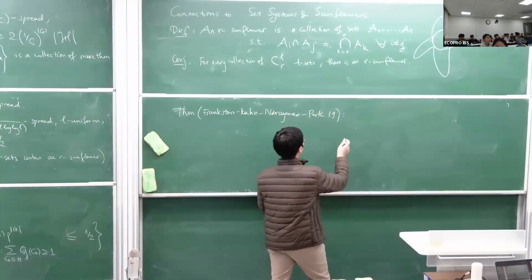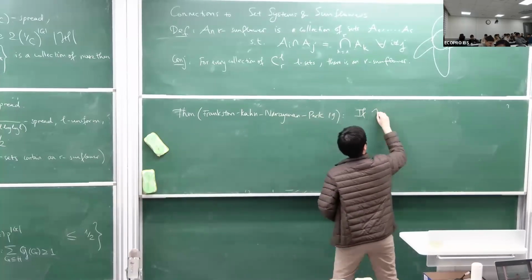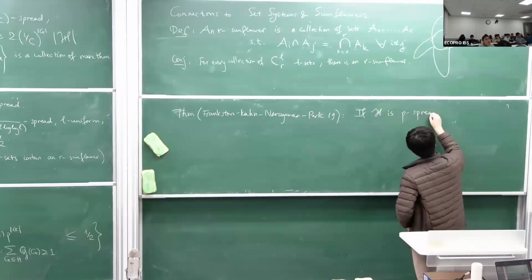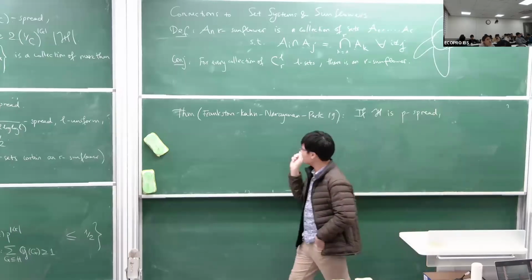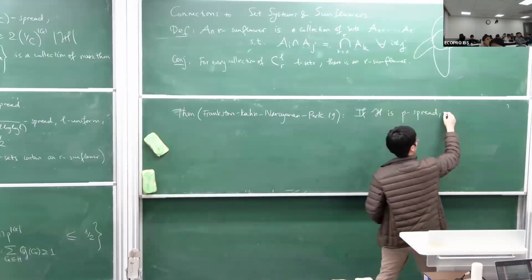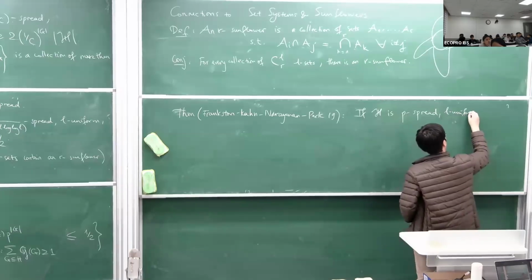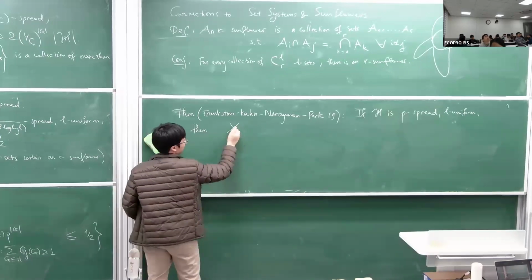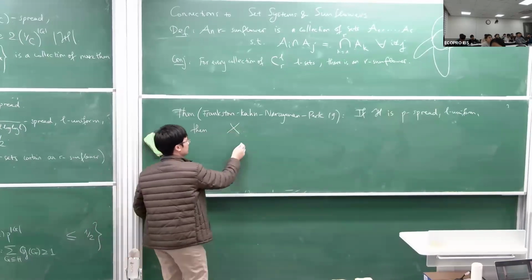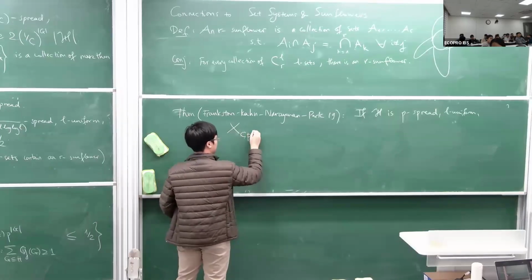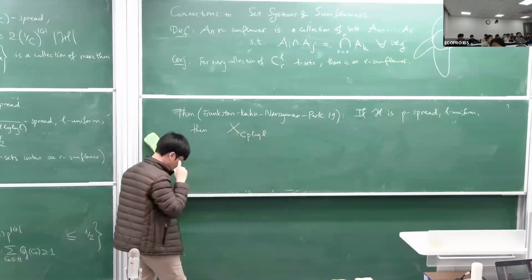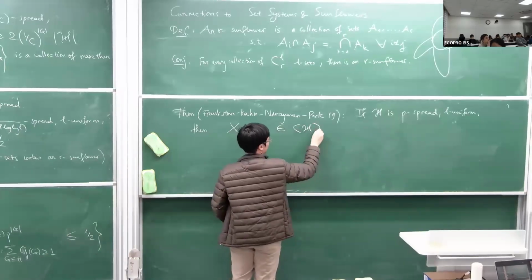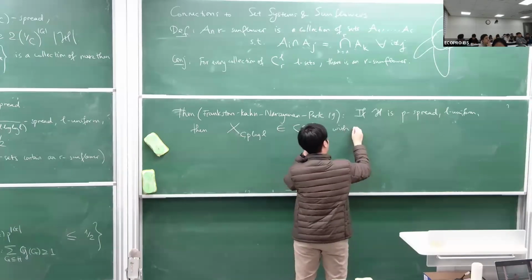So they show here that if H is p-spread and L uniform, and you sample a random subset of X with density Cp log L, then it will contain at least one set of H with probability at least that.